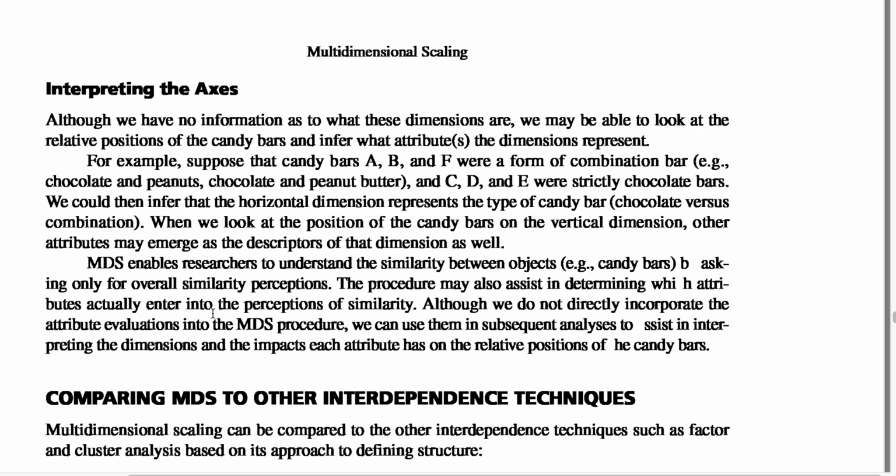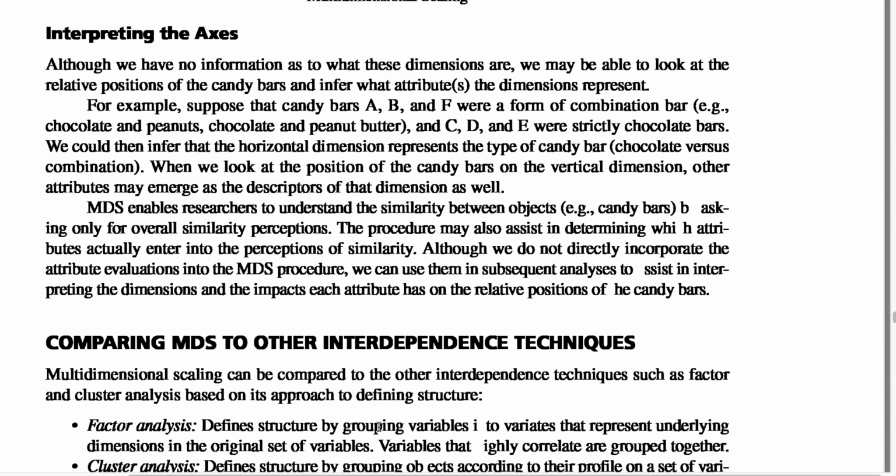We could then infer that the horizontal dimension represents the type of candy bar, chocolate versus combination. When we look at the positions of the candy bars on the vertical dimension, other attributes may emerge to describe that dimension as well.